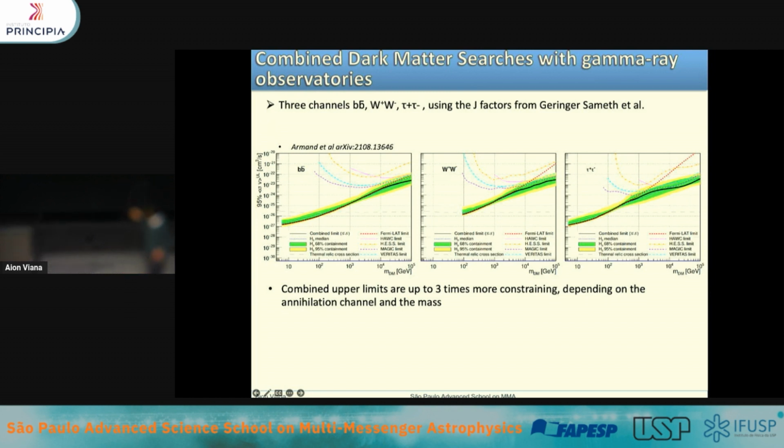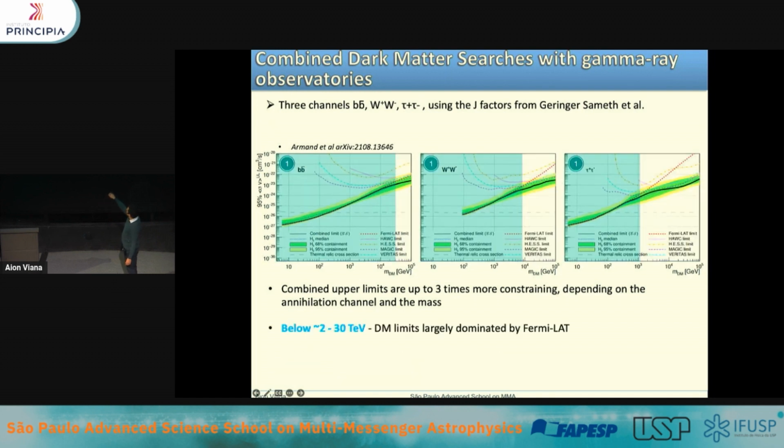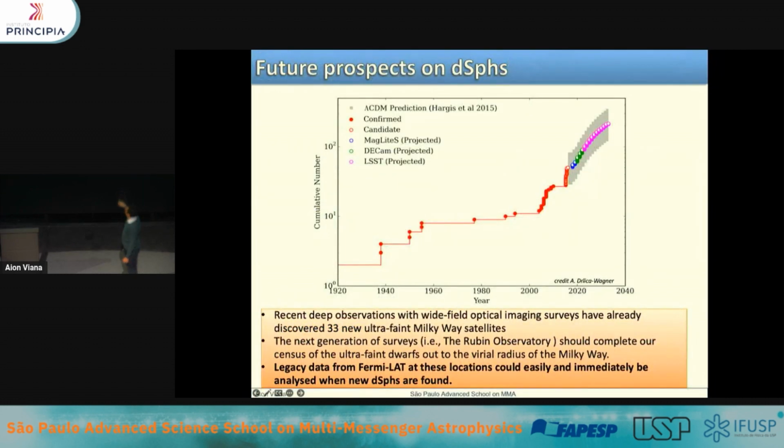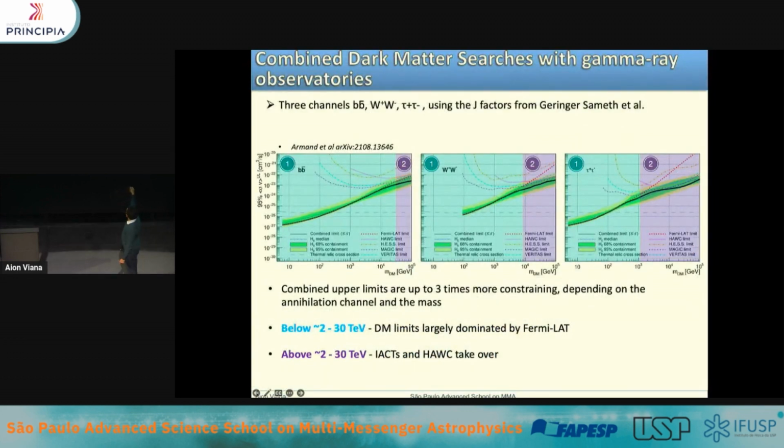The combined upper limits can go up to 3 times the individual limits. What we can see here is that below basically 2 to 30 TeV, depending on the channel, the limits are largely dominated by Fermi-LAT. Then above 2 to 30 TeV, IACTs and HAWK take over. And that's basically the bottom line of these limits.